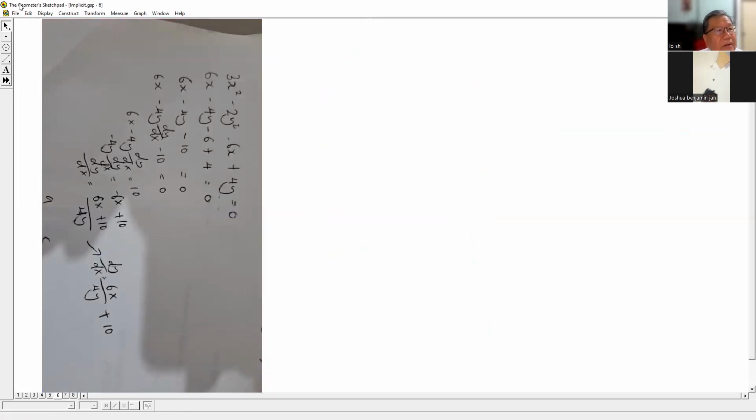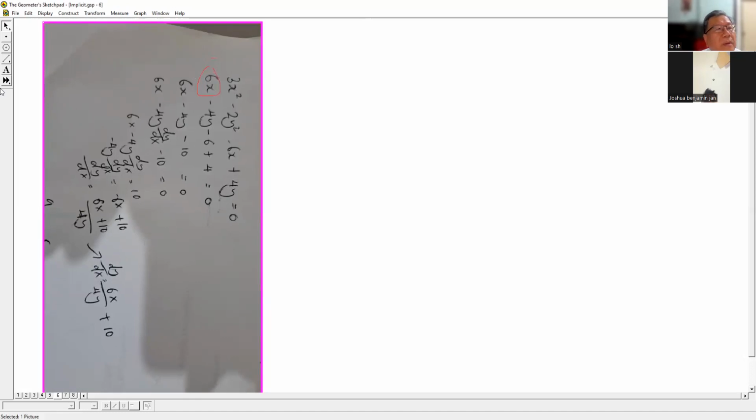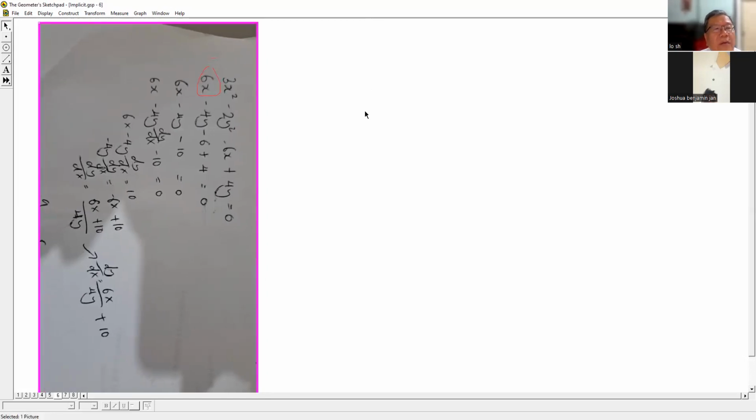Where is the mistake? I show you where is the mistake. Now, when you differentiate x with respect to x, this is correct.